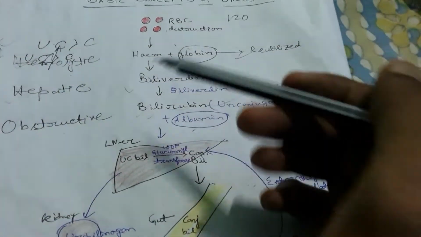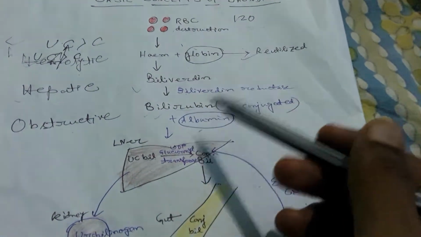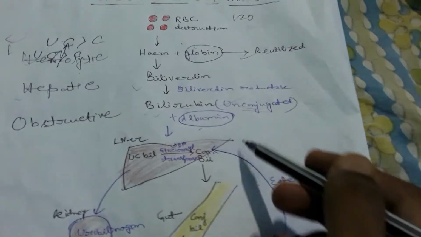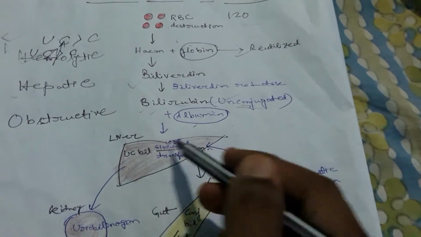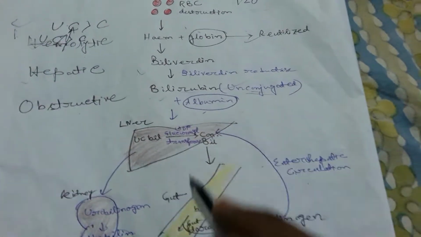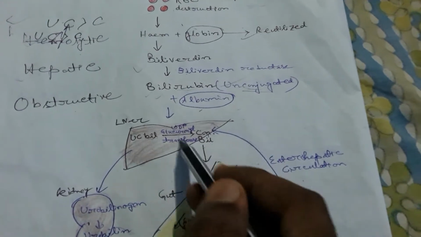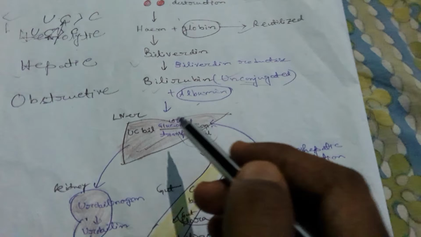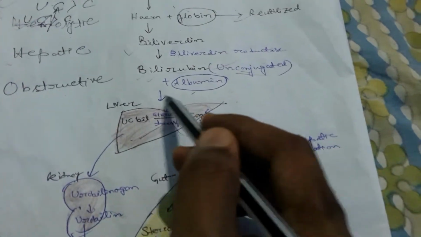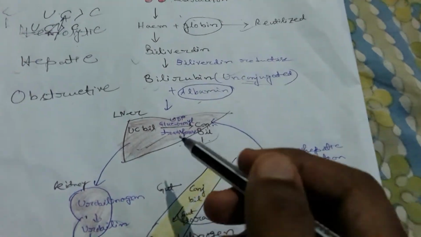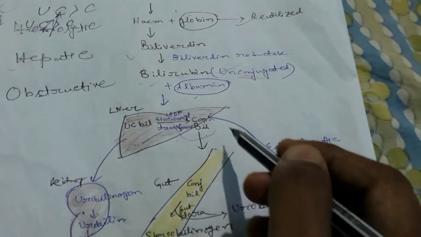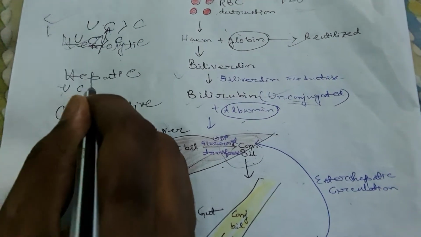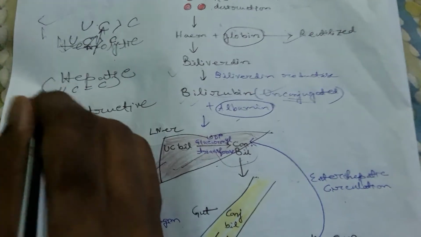So after 120 days, RBC is destroyed and some amount of unconjugated bilirubin will be formed, but there is no such saturation, so conjugated bilirubin is also formed, but it is also less in amount as there is hepatocellular failure, so this UDP glucuronosyl transferase is not available so much. So it is balanced, unconjugated equal to conjugated, more or less.